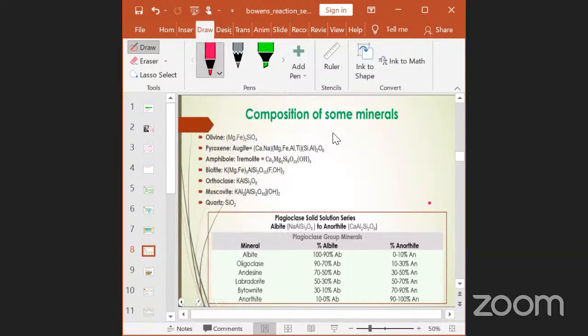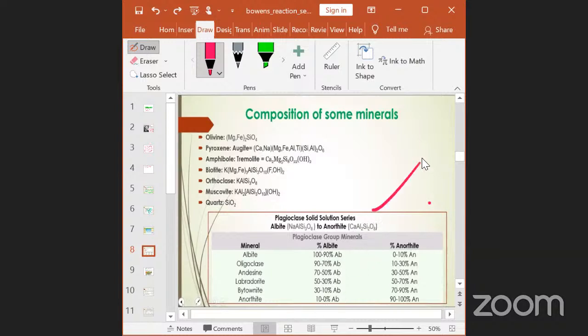So these are the compositions of the minerals. Anorthite is calcium-rich plagioclase, which lies on the top of the continuous branch, and it crystallizes at high temperature.